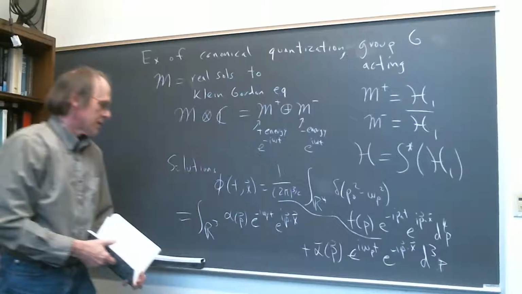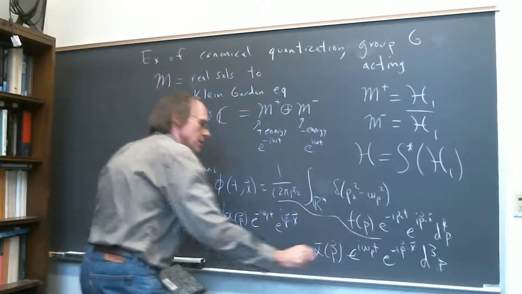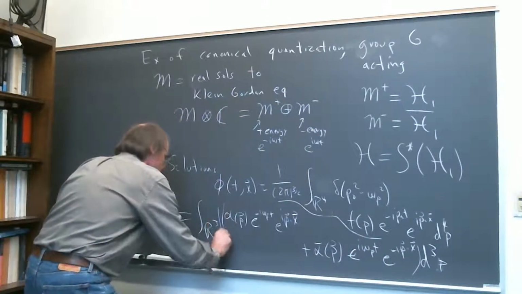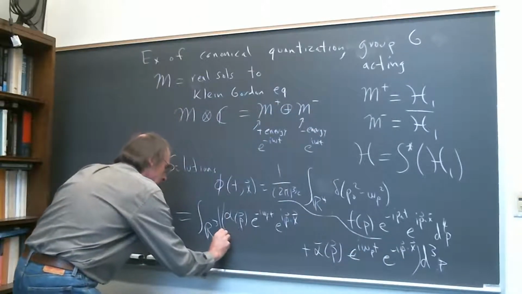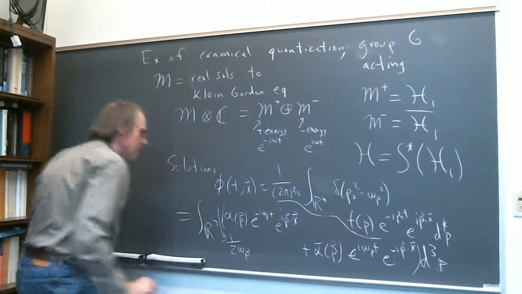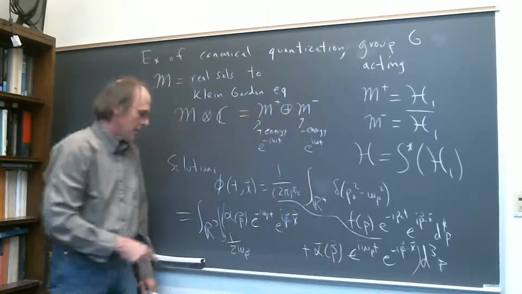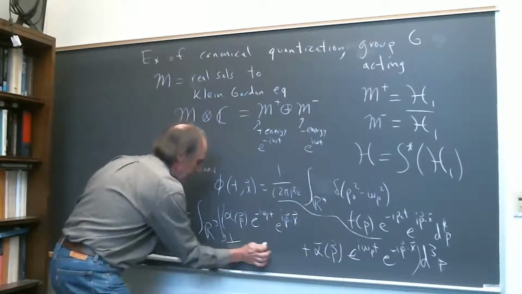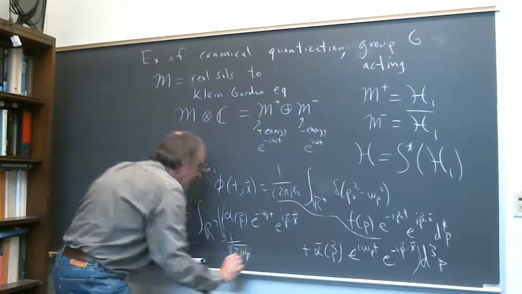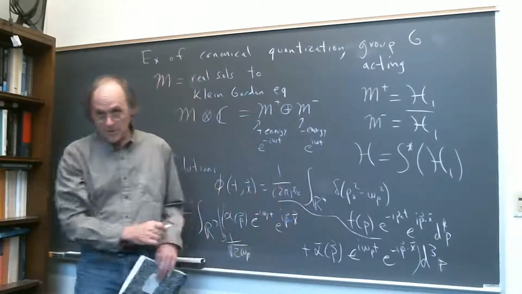Anyway, this is all stuff that I did last time. There's an overall factor here, 1 over 2 omega p, and it's this one divided by this one. This one is explicitly Lorentz invariant.